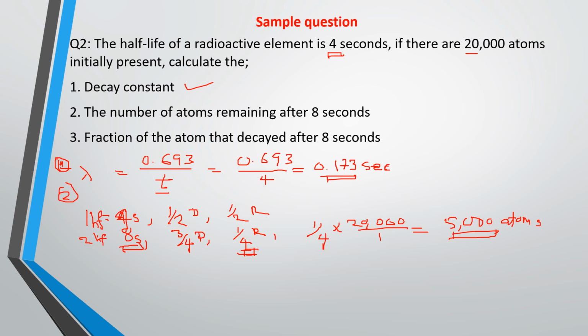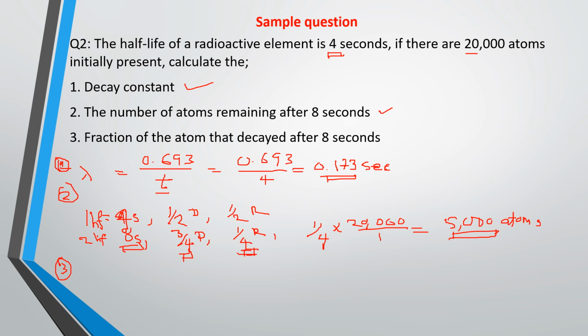Then this is question number 2. Now for question number 3, it asks what fraction of the atoms decayed after 8 seconds. I've said that the fraction of the atoms that decayed is 3/4 of the element.